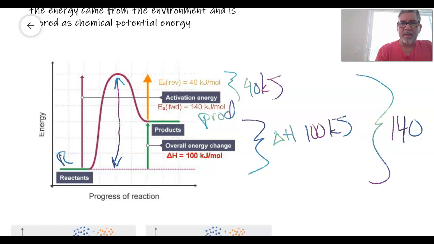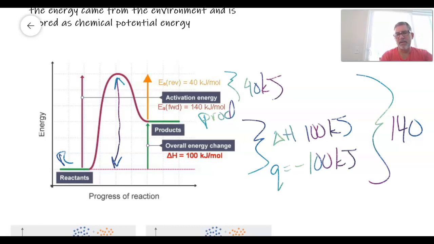All right? So my Q here is negative 100 kilojoules. Because remember I said that Q is negative H. So if H is positive, Q is negative. So what that means is I had to absorb 100 kilojoules of energy to get to my products.